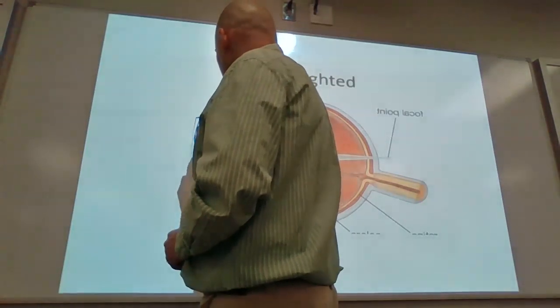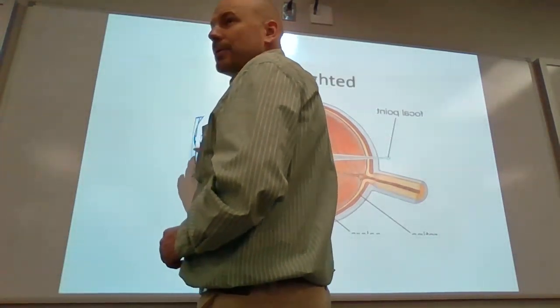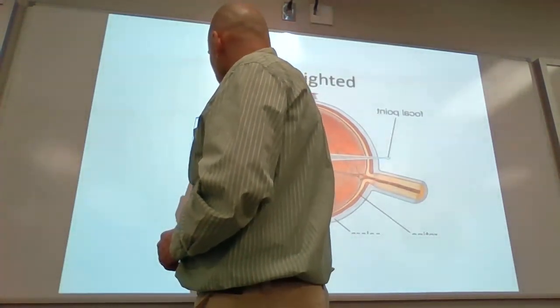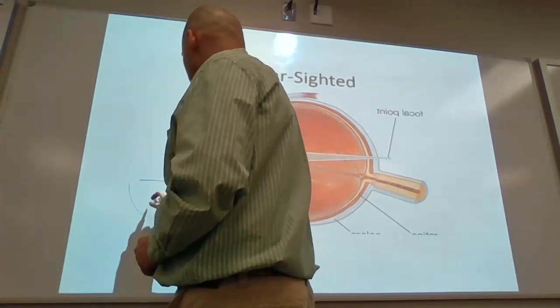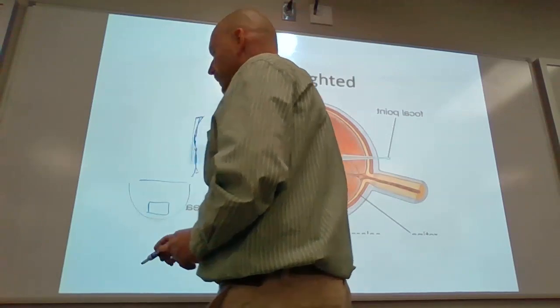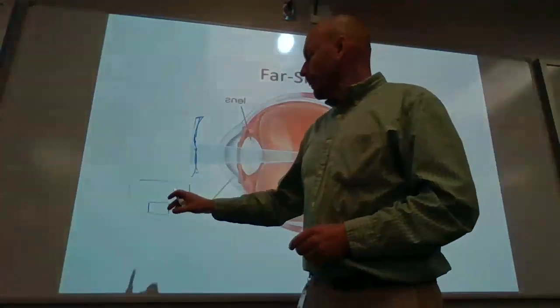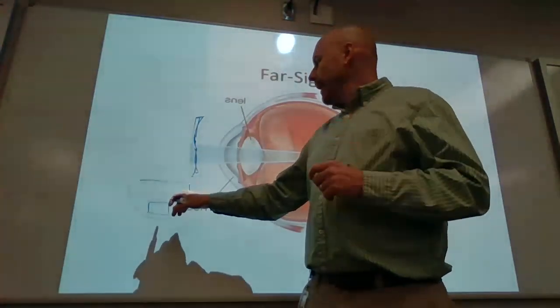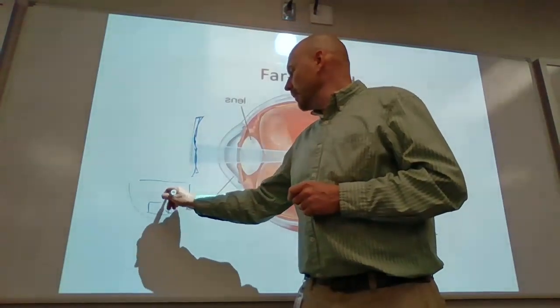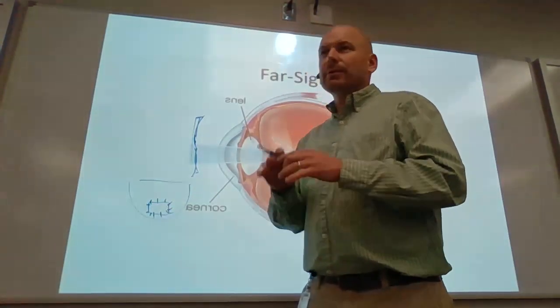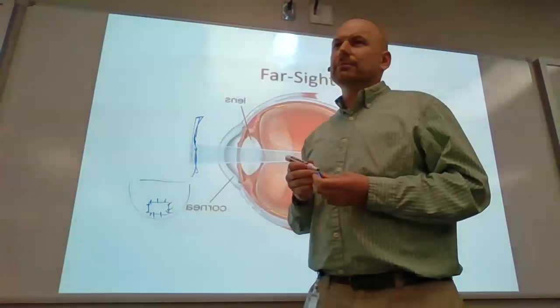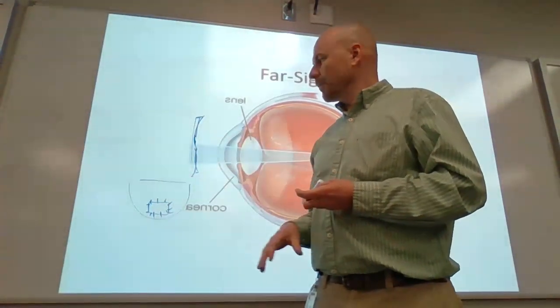The part down here is for farsighted to help you see close. So back in the day, like my grandparents, they would have a little window here that you could see. Now they've blended it, so it's not as apparent.